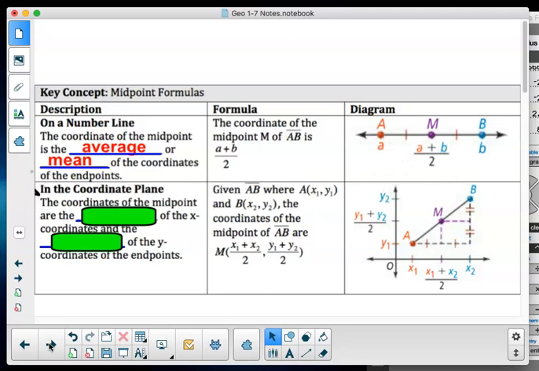Now, in the coordinate plane, the coordinates of the midpoint are the average of the x coordinates and the average of the y coordinates. What?